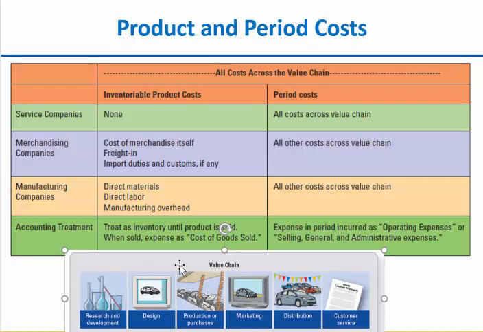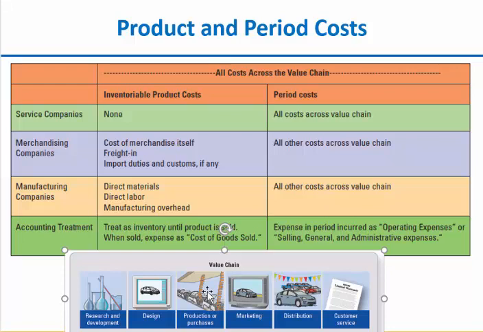So what is product cost? The product cost actually is happening only in this segment, the production or purchases. We're looking at the inventoriable product cost. For the service companies, we don't have product cost. In the merchandising companies, we have purchases, so we have the cost of merchandise itself, and you may have freight, import duties and customs if you have international trade.